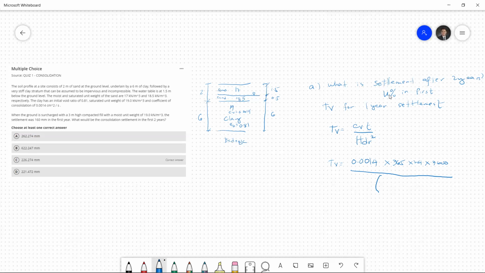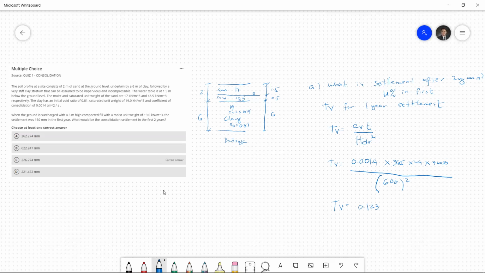According to the problem, we have an impermeable bedrock layer at the bottom, so our drainage is only 1 way. Therefore, we have 6 meters. However, this is in centimeters, so we need to convert our 6 meters to centimeters. So that is 600 squared.